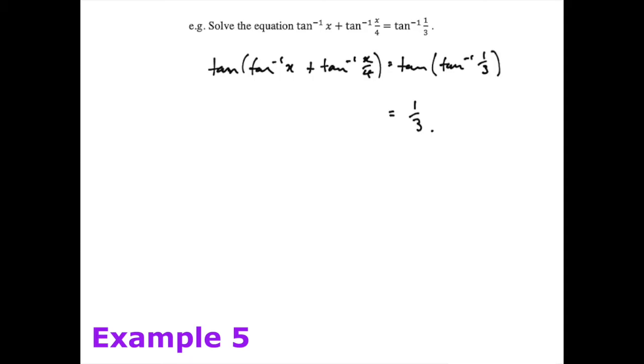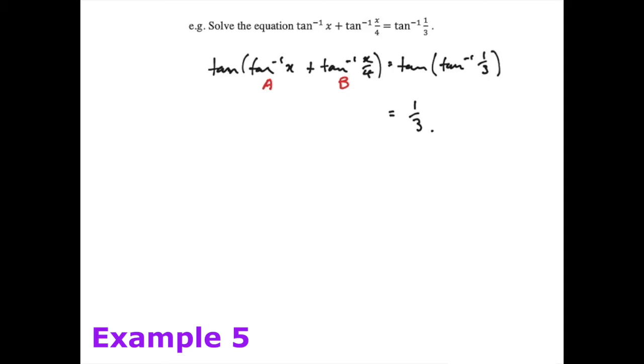But on the left hand side you might feel a little bit stuck. But if we think about it, I've got tan and then I've got inverse tan x plus inverse tan x over 4. So this is kind of like A and this is B. So I can do this as the sum of angle formula for tan.